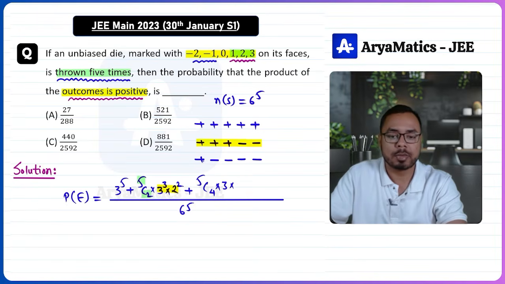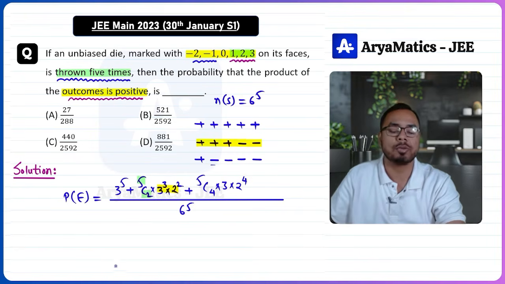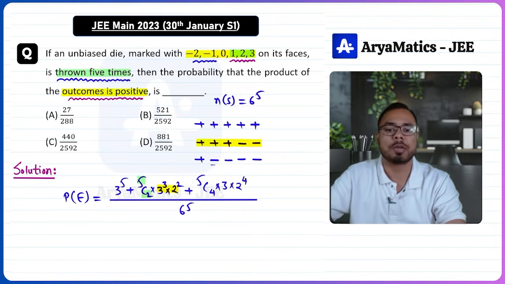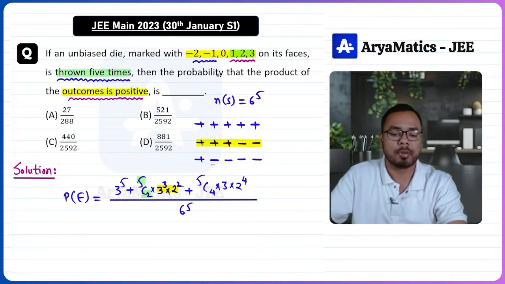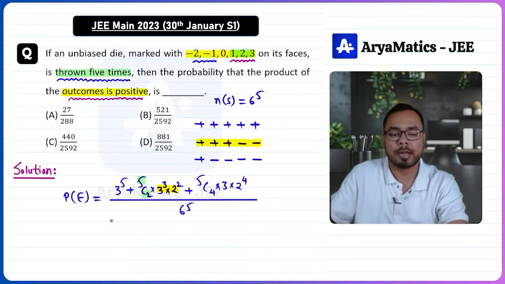Next four negative, for each one we have two options, so 2 raised to 4. So these are the number of favorable cases, or the number of ways in which you can get a positive product: all 5 positive, 3 positive and 2 negative, and then 1 positive and 4 negative.